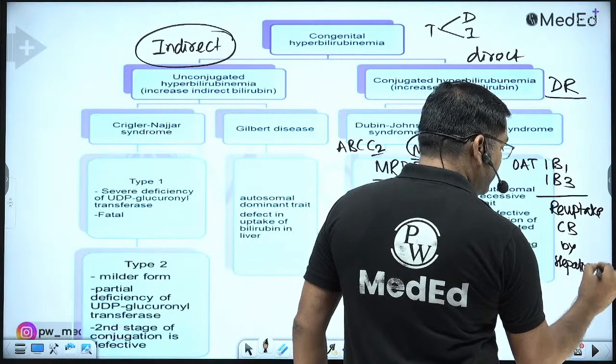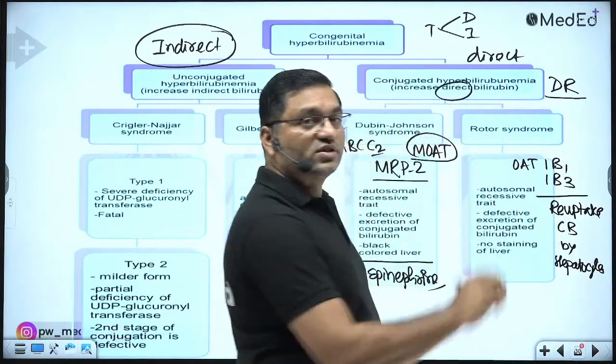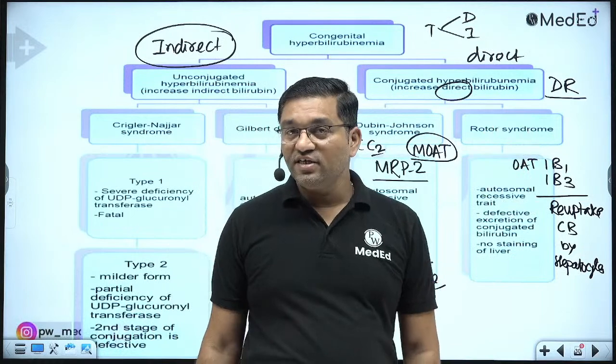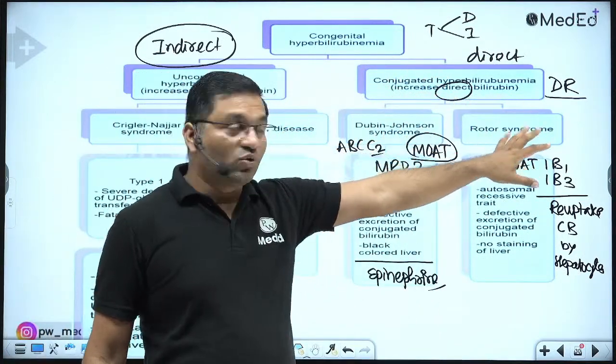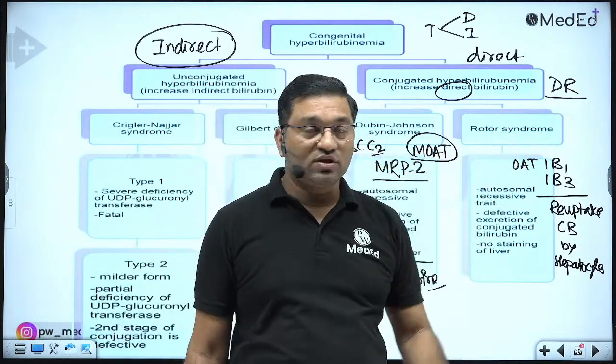And if this is defective, it causes Rotor syndrome. So that causes increase in the direct bilirubin level. So direct bilirubin level increases in Dubin-Johnson and Rotor, DR, Dubin-Johnson and Rotor syndrome.